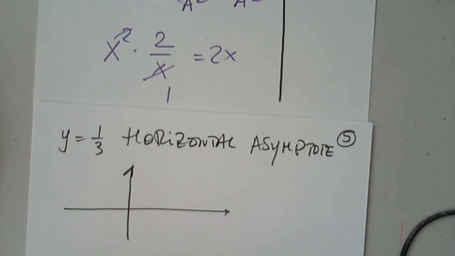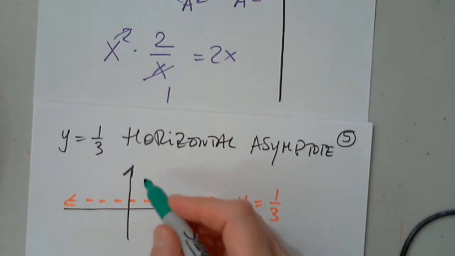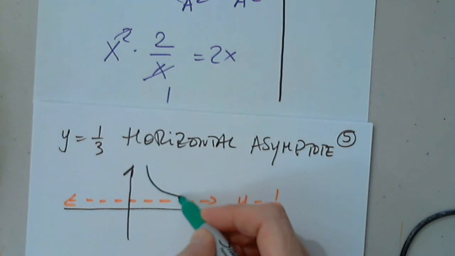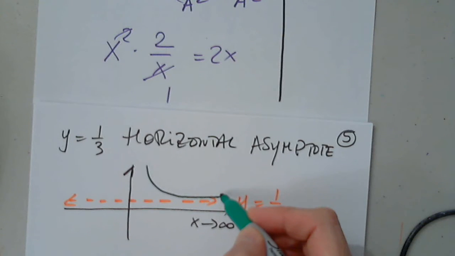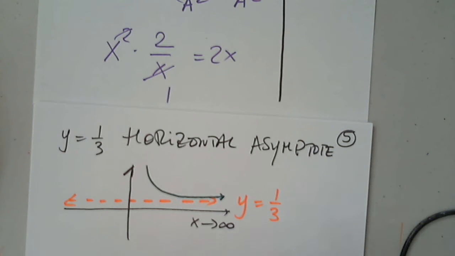It means that y equals 1/3 is this line, and as x approaches infinity, the function does this. Either, not both, either from above gets closer and closer, closer and closer to 1/3, or from below. That's what it means.